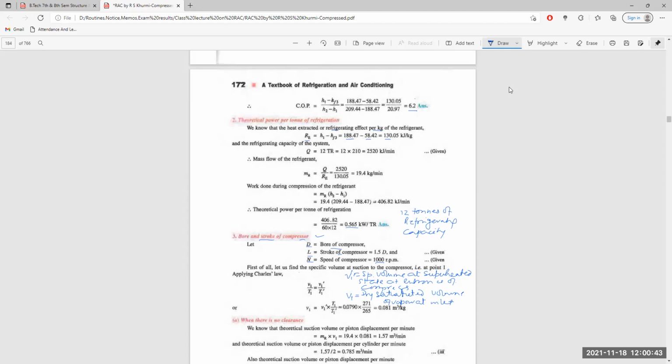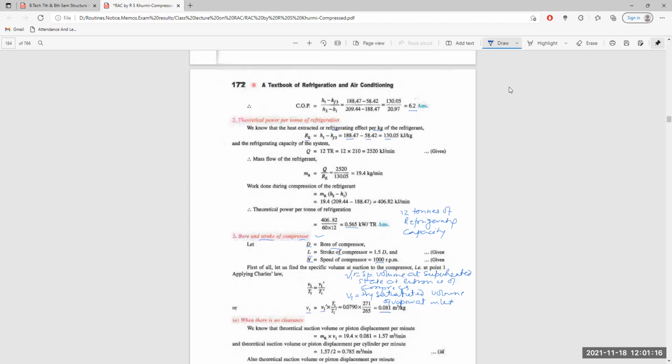Here the specific volume is changing from V1 to V1 dash as the temperature is increasing from dry saturated to superheated, from T1 to T1 dash. So the specific volume V1 is given as 0.97990 multiplied by T1 dash over T1, which is equal to 0.81.